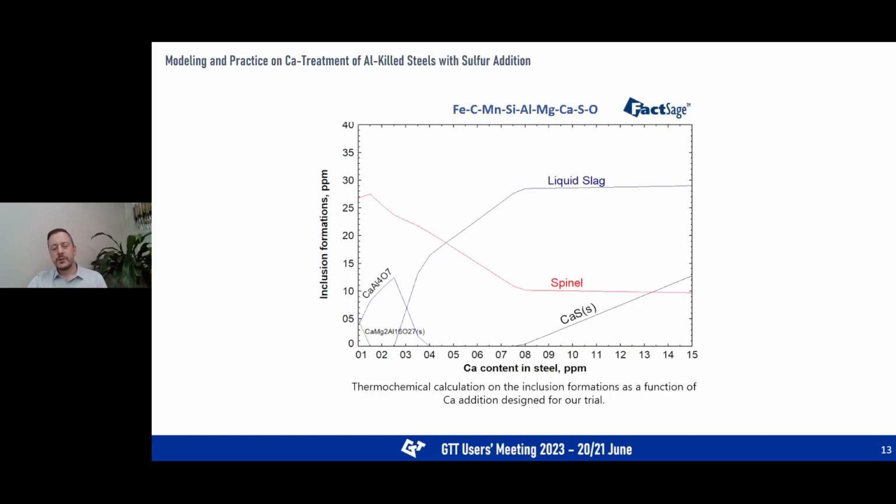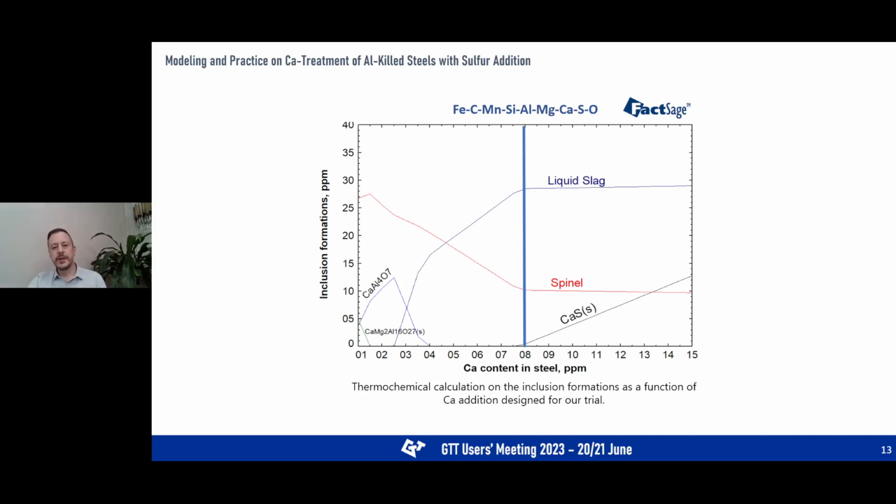Thermochemical modeling was also carried out to estimate the required amount of calcium silicon wire to prevent the nozzle clogging for our trial. The selection of proper databases for a given system was essential for accurate thermodynamic calculations. For this calculation, the measured chemical composition of selected steel just before entering the calcium station was used as an input parameter.